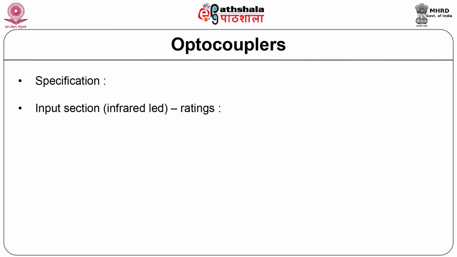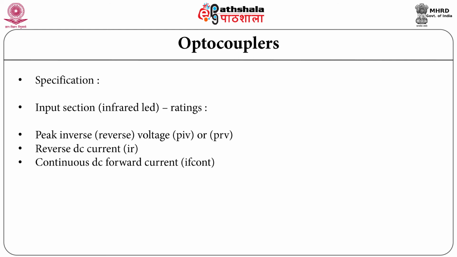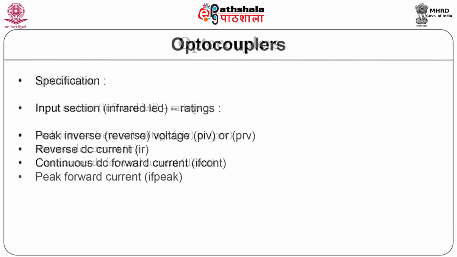Then the input section ratings, that is about the infrared LED: peak inverse or reverse voltage, called PIV, reverse DC current, continuous DC forward current, peak forward current, DC power dissipation, etc. are some specifications related to the input section.